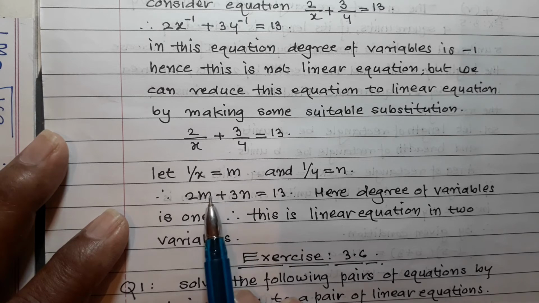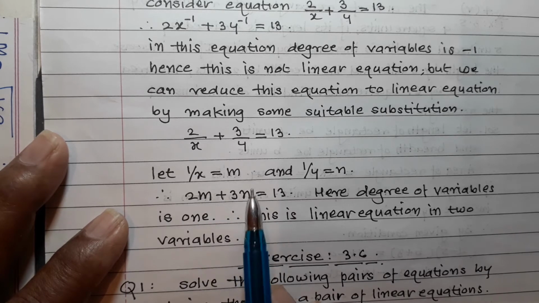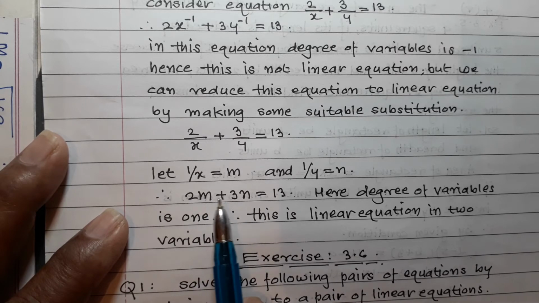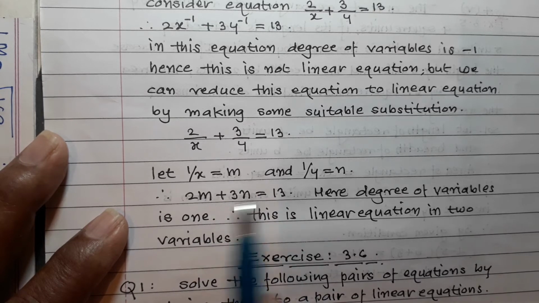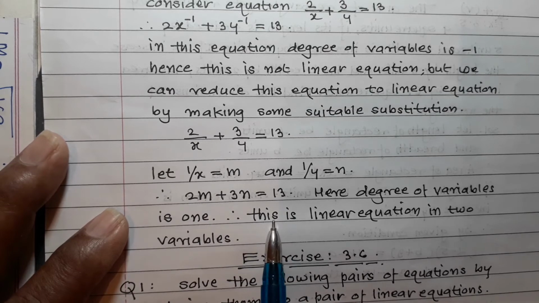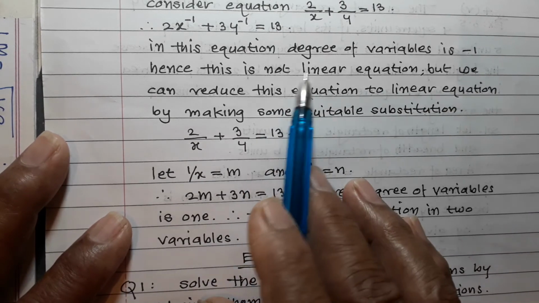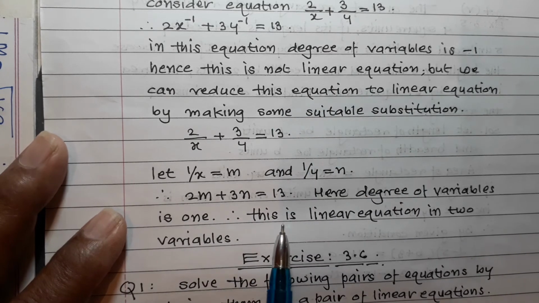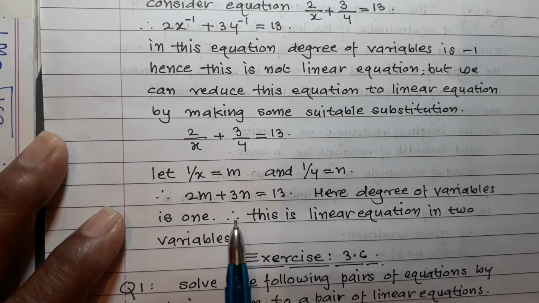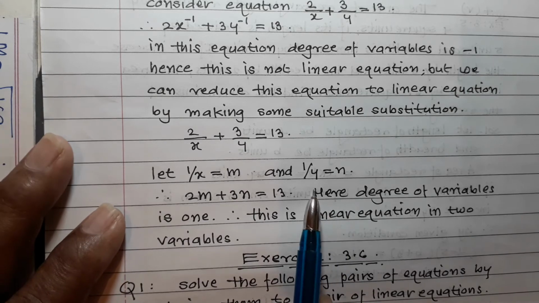So the degree of m is 1 and the degree of n is also 1, and therefore this is a linear equation in two variables. In this way you reduce a given equation to a linear equation by substituting suitable variables.